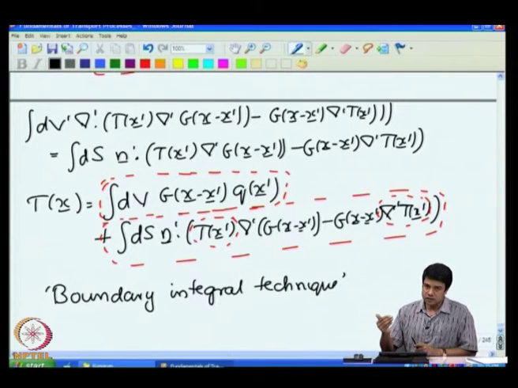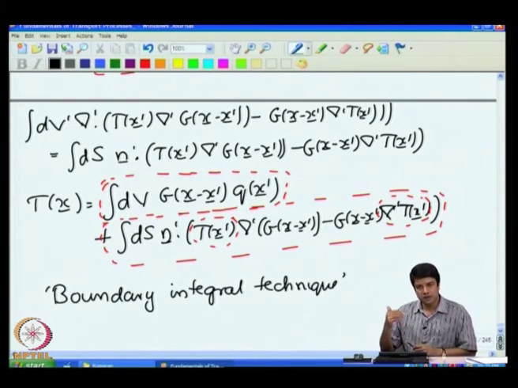For a source in an infinite medium, that Green's function is 1 by 4 pi k times the magnitude of x minus x prime. When I have planes of symmetry, I can find it using images, and for the most general case, I can find it in this manner by expressing the temperature field in terms of the temperature on the bounding surfaces, as well as any sources or sinks that are there within the volume.